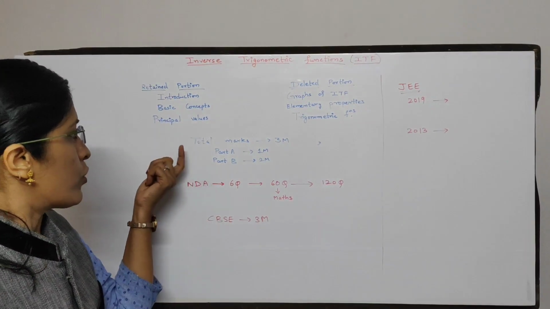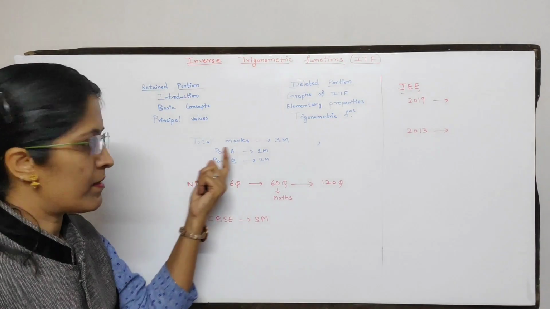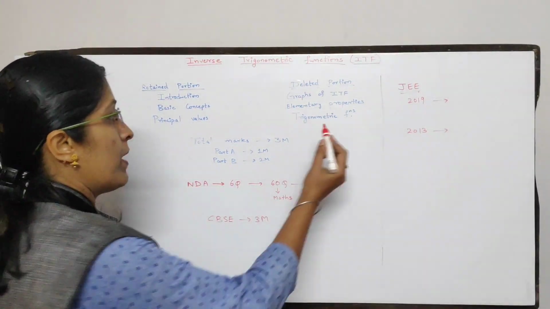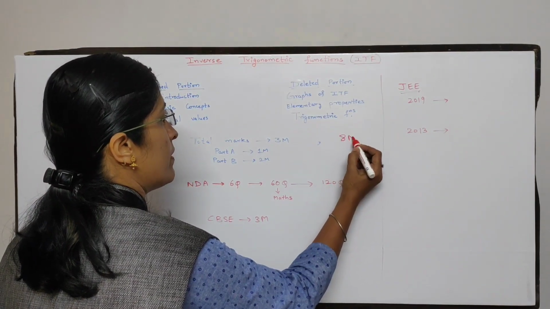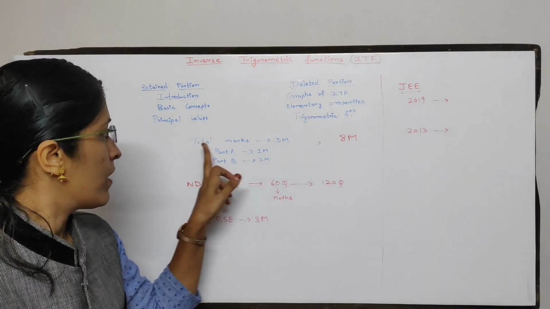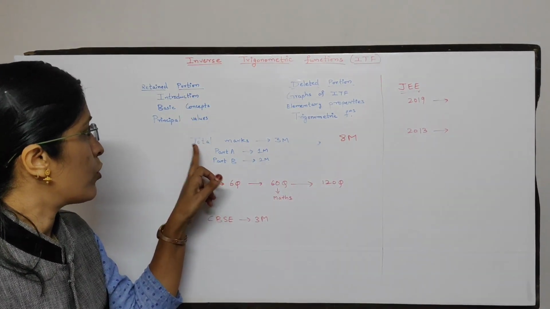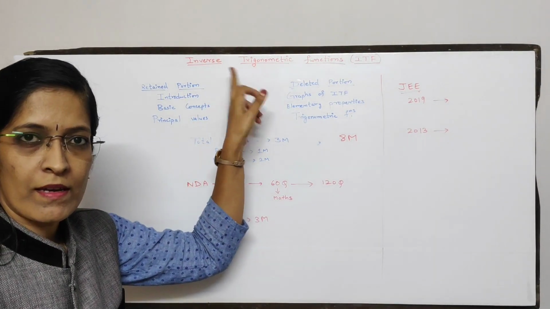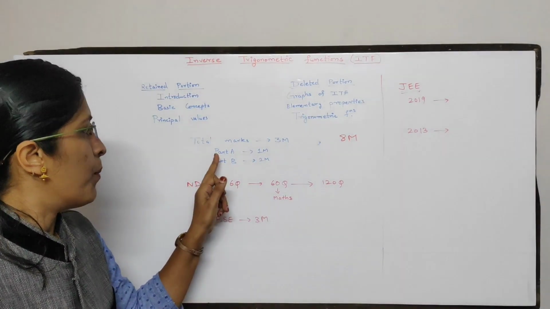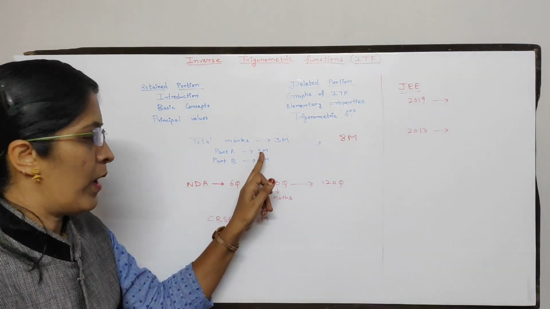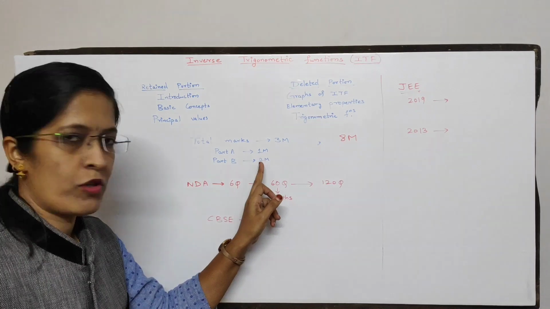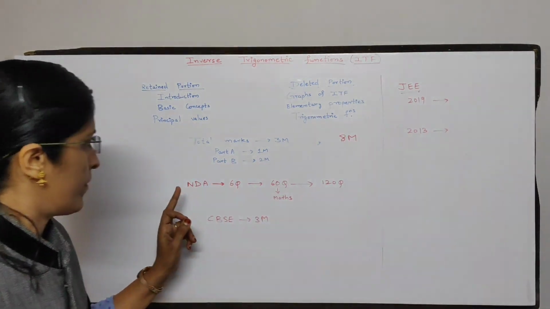Total marks in the retained portion is 3 marks, and previously it was 8 marks when the syllabus was not deleted. Part A is 1 question of 1 mark, part B is 1 question of 2 marks.